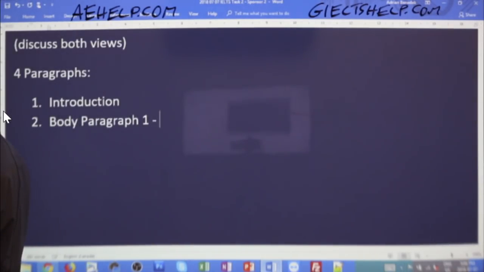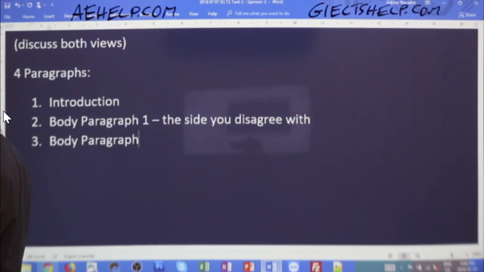And body paragraph 1 is the side you agree with less or you disagree with. Okay, and then body paragraph 2 is the side that you agree with. And then body paragraph 4 is your conclusion.